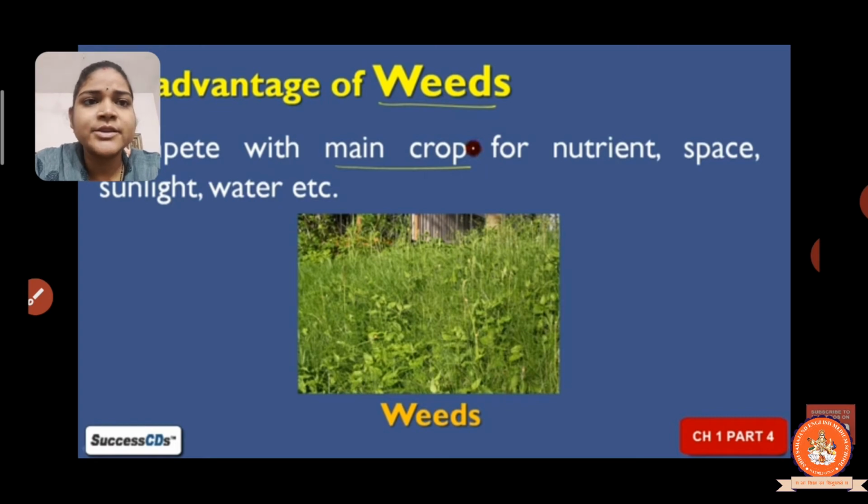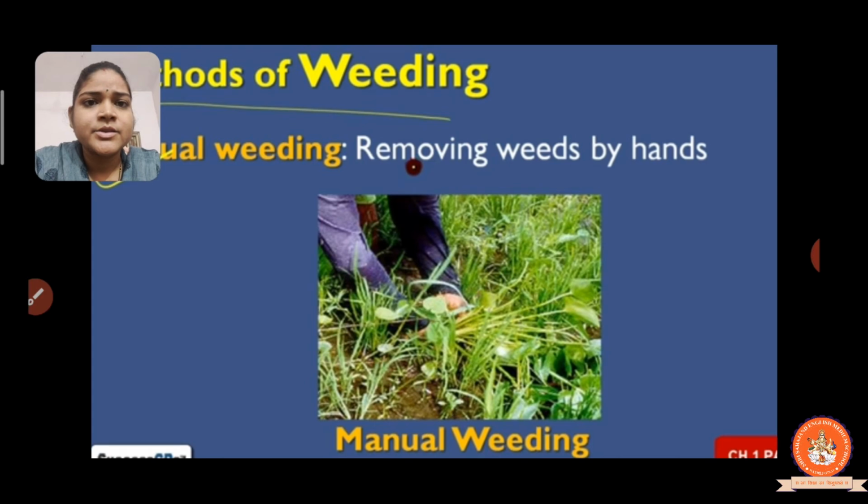There are two methods of removing weeds. The first one is manual weeding. In manual weeding, the weeds are removed by hand. It takes too much time; it is a time consuming process.